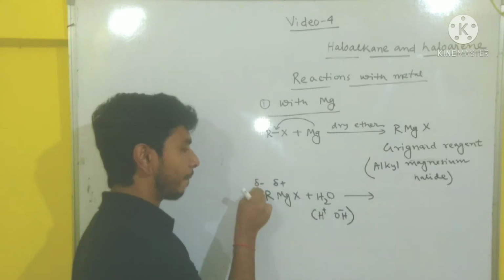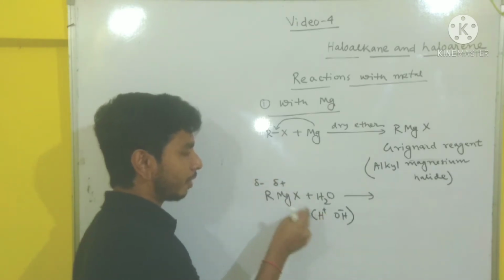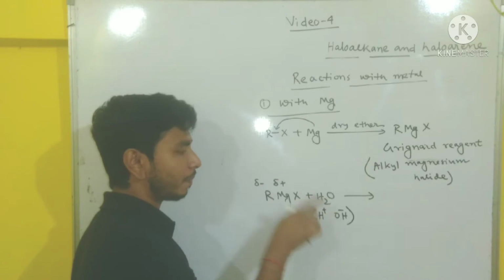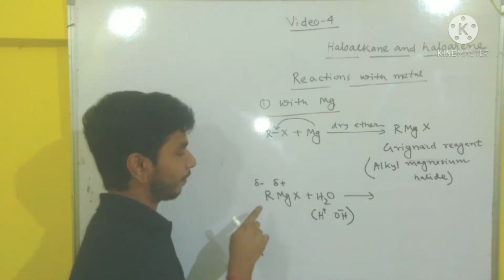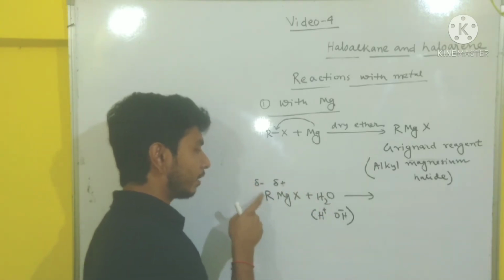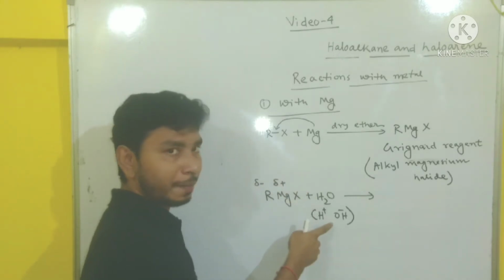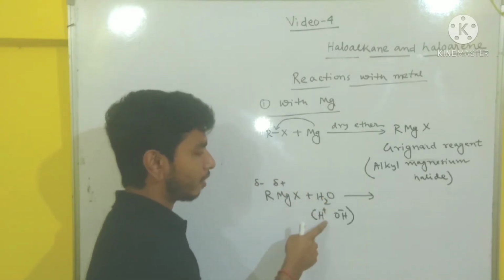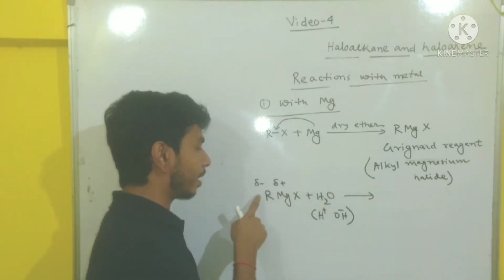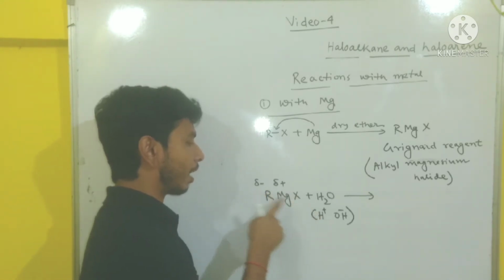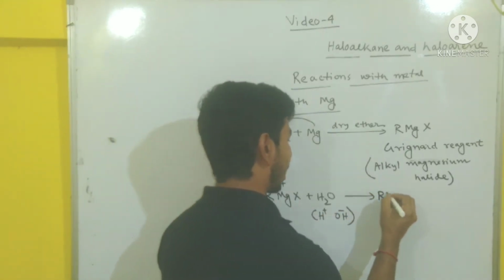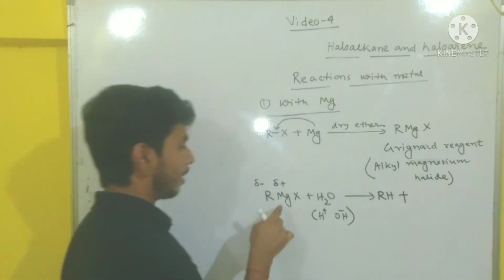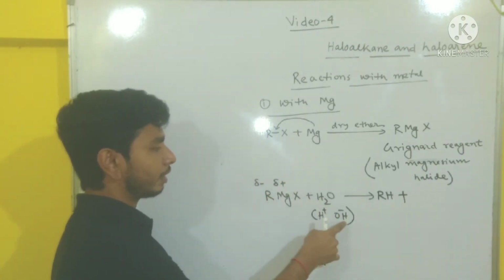Here the positive part combines with the negative part and the negative part combines with the positive part, vice versa. So here R is minus. This minus will combine with the positive part of water. The positive part of water is H. So R minus will combine with H. R and H become RH. Magnesium is plus, OH is minus.